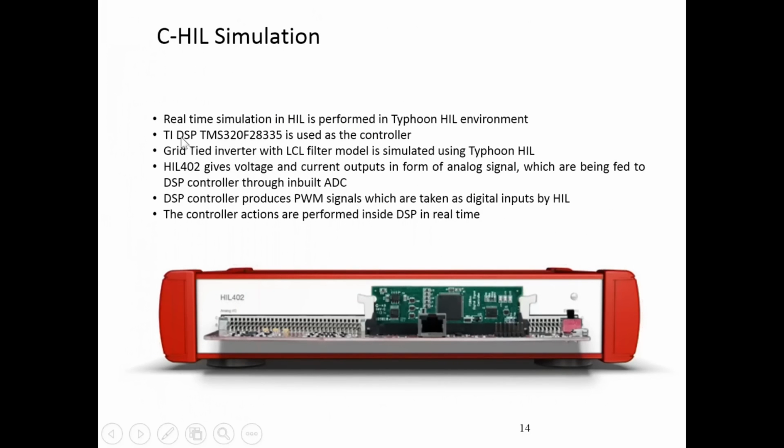And in this case, we have a TI DSP 335, as it's typically called, board, which connects very easily to the Typhoon HIL system. So again, we have outputs in terms of analog signals of the currents and voltages, and we can display whatever we want on the scope.